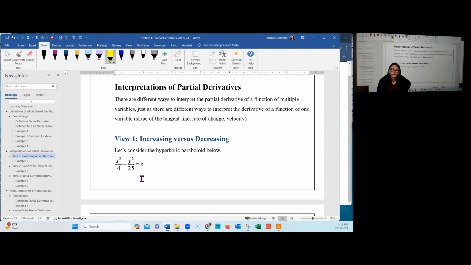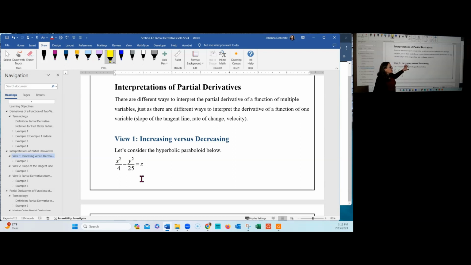In this case, we have slightly different interpretations of the partial derivative. We've already seen one interpretation: if you fix y and take the partial with respect to x, we can get the slope of the tangent line at a point that's parallel to the x-axis. Let's take a look at some other interpretations.